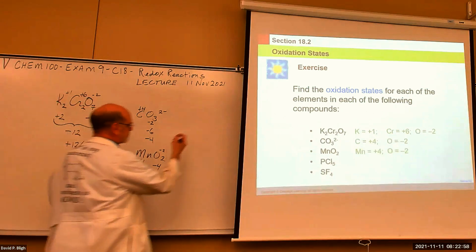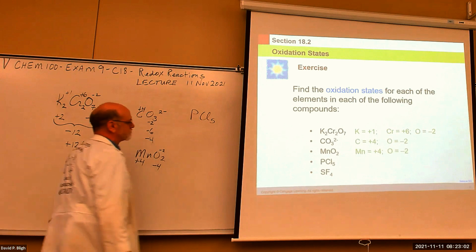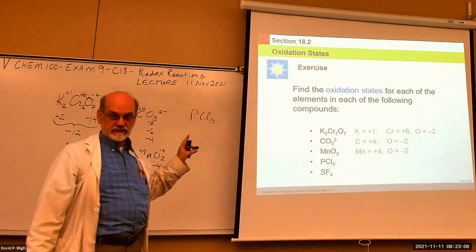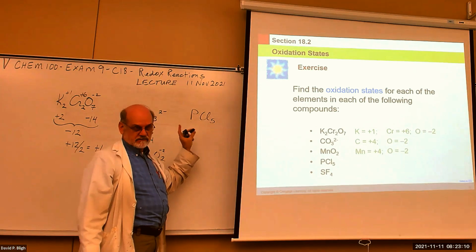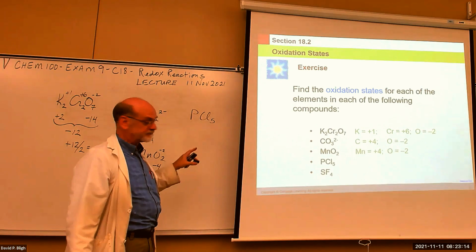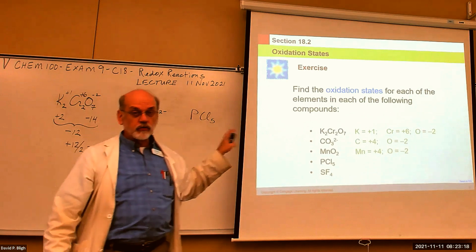PCl5. That is a covalent compound. They're both nonmetals, so they share electrons. Chlorine, we weren't given rules for chlorine.